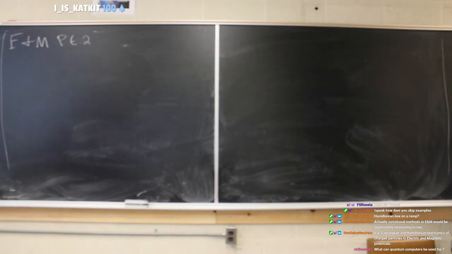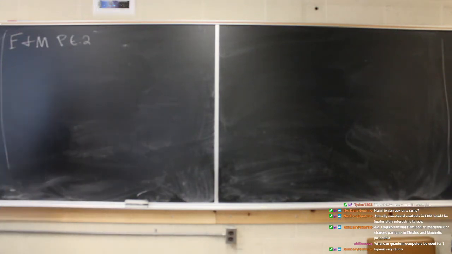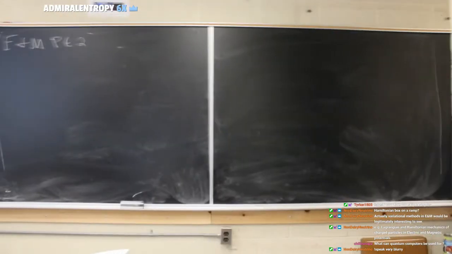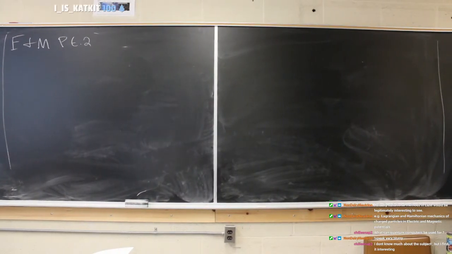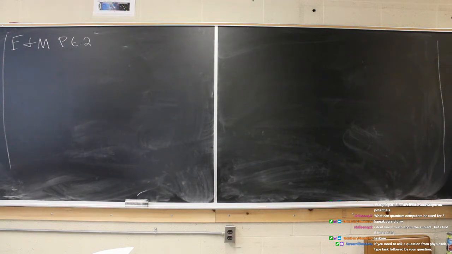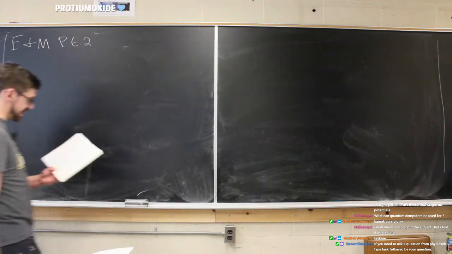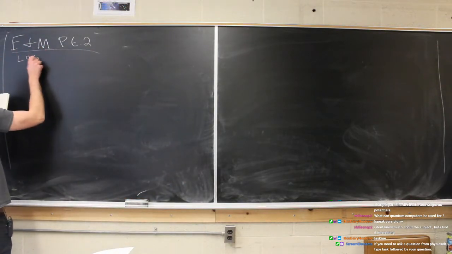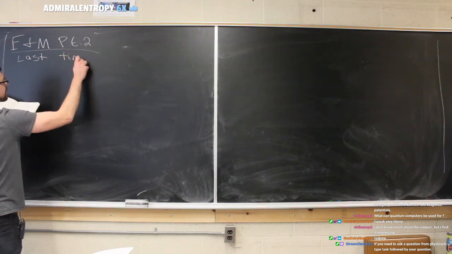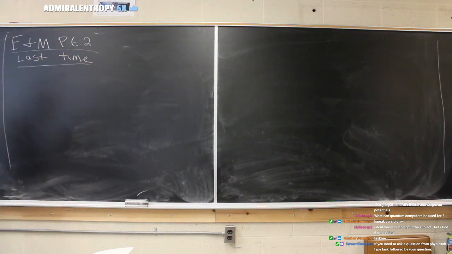Shirley, if you want to put your question in the queue, we can grab that at the end of stream. It's blurry, I never focused it. There you go, that should be better. Okay, let's start with last time. It's really weird how far over I am, but we're going to go with it.